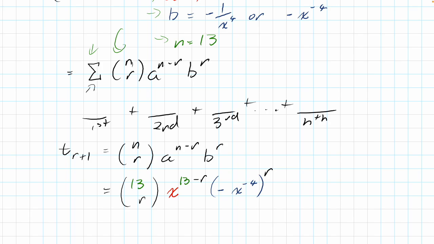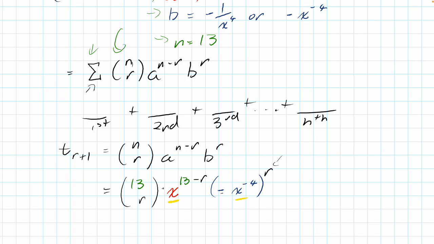This x here, and though that's a negative, these are actually like terms. This is a base of x, and this is a base of x. Really what this means, we can deal with our negative first. If I'm going to multiply these two terms, this is a positive times some negative. So we're going to end up with some negative term, assuming that this is an odd number. But what we can do is start to combine.